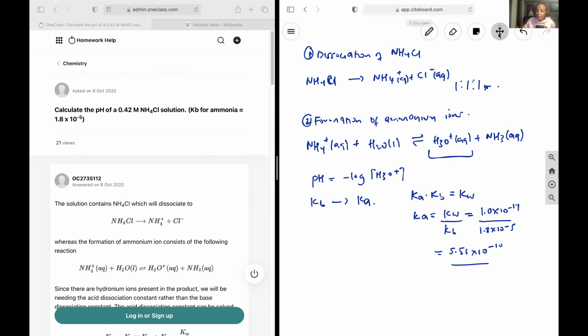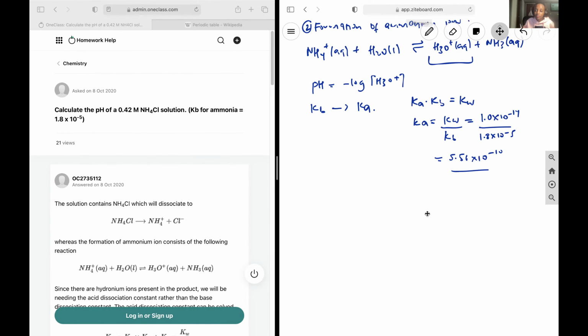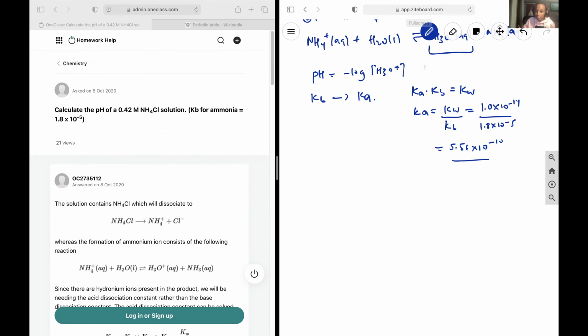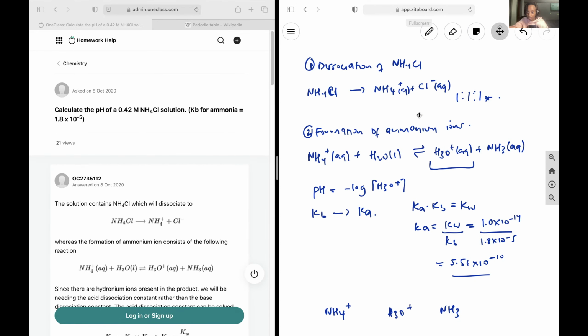Okay. Now, next up, we're going to need an ice table for this reaction to figure out what the concentration of those hydronium ions is. And so, NH4 plus, H3O plus and NH3. Now, we already know what concentration we start with of NH4 plus, and the reason for that is because of the 1-to-1 ratio here.